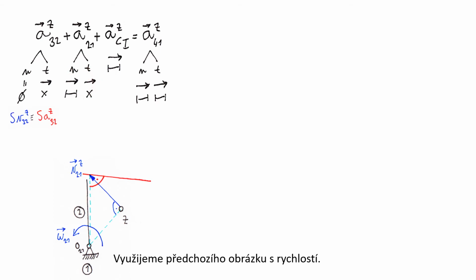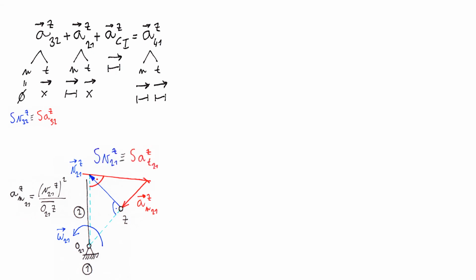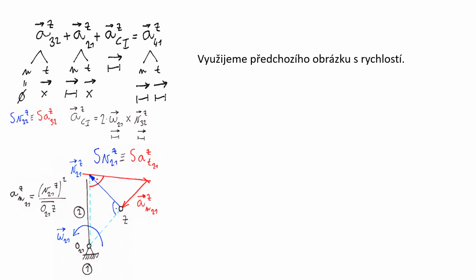which only has one component because it's translation. For 2 with respect to 1, we know the normal component, both direction and magnitude, and for the tangent component we know the direction, which is perpendicular. For Coriolis we can calculate it by 2 omega carrying, omega 21, times v relative, that is v32.